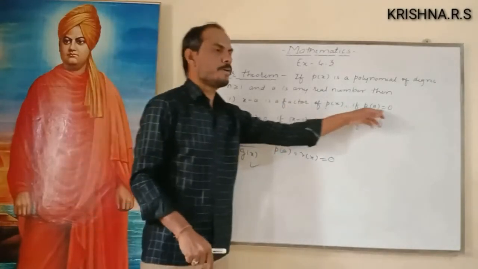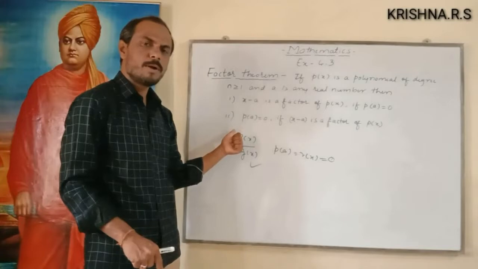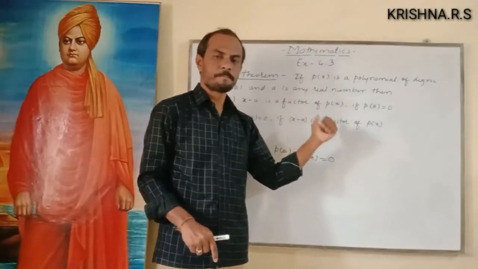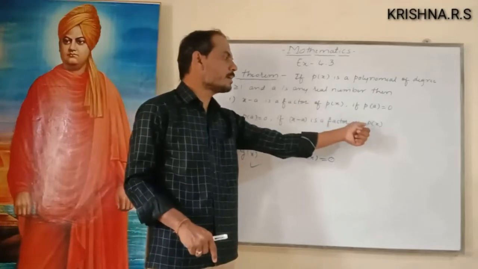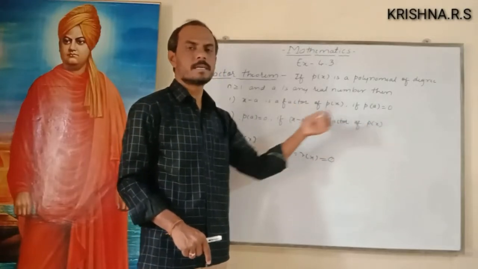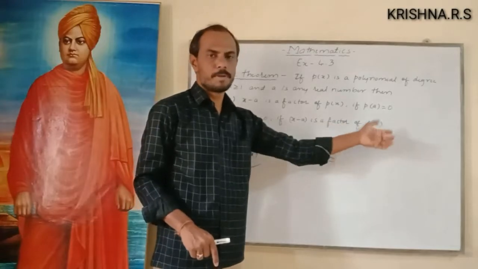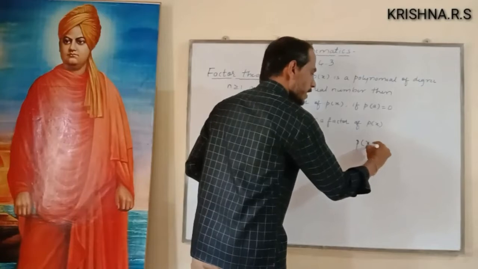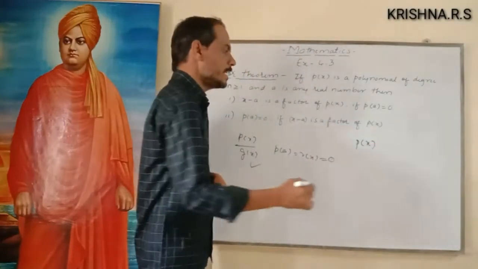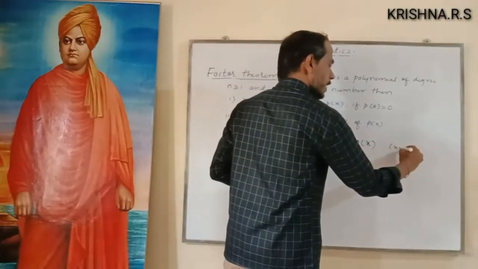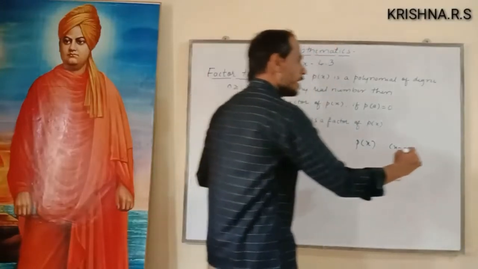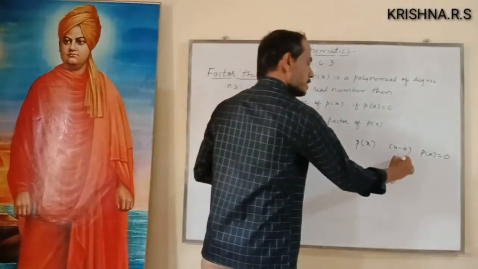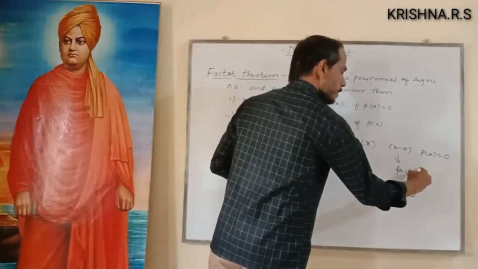Definitely you write p of a is equal to 0. Suppose it is given that p of a is equal to 0, then you give the conclusion that x minus a is a factor of p of x. Vice versa, if p of x is divided by the linear polynomial x minus a and the remainder obtained is 0, then it becomes a factor.